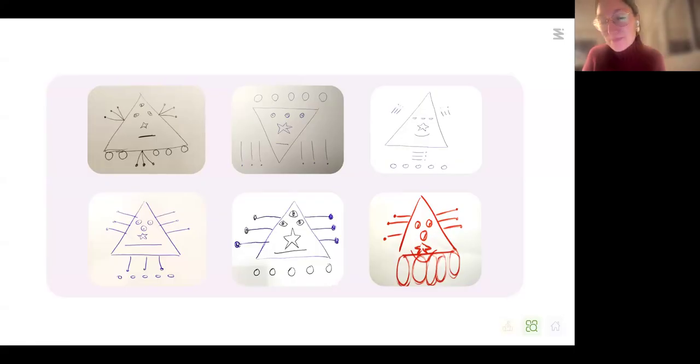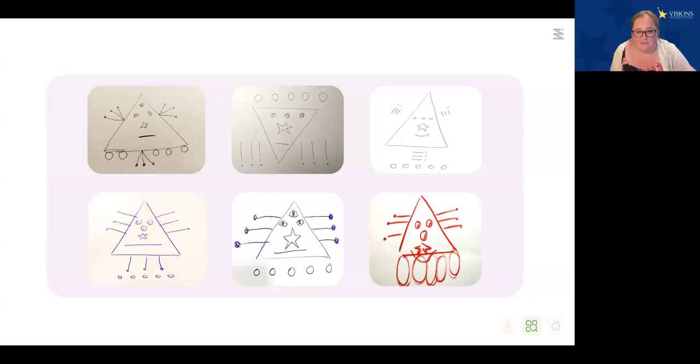What stands out? It looks like they were told the nose was a star. We were told it was a circle. Okay, fair. So the nose is a different shape. Anything else? Three eyes versus two. Okay, three eyes versus two.